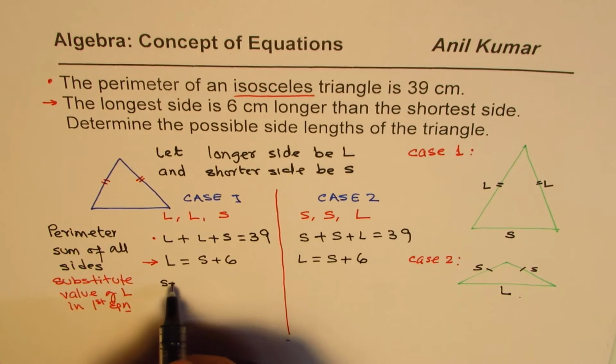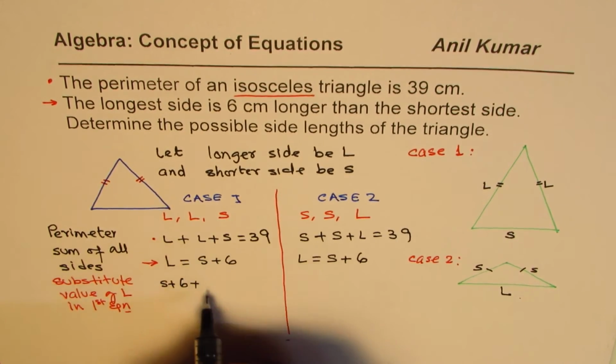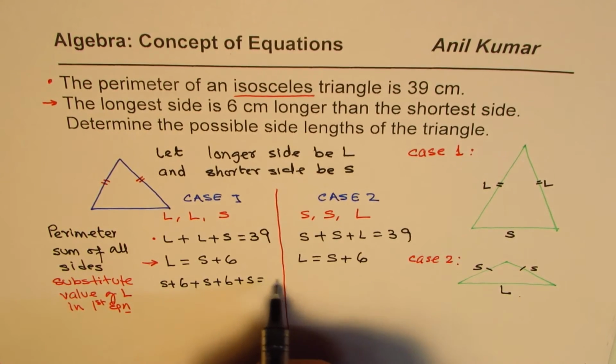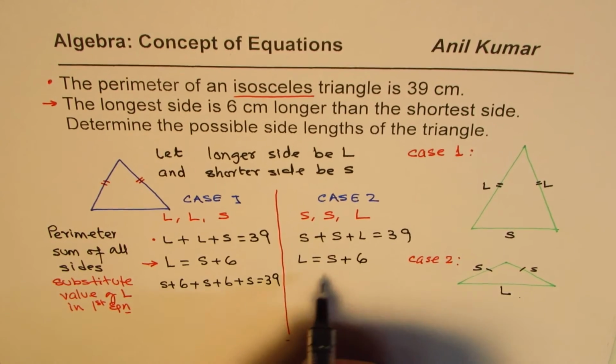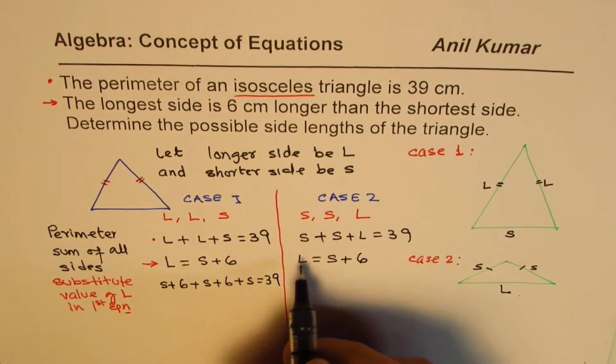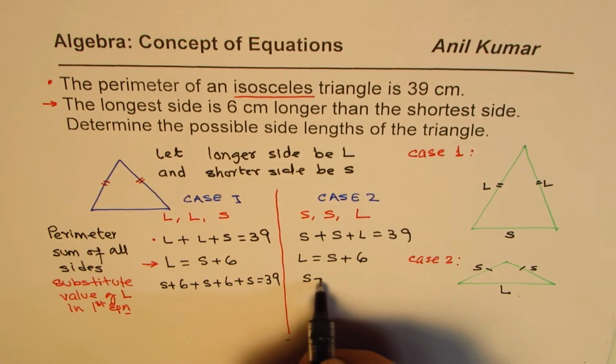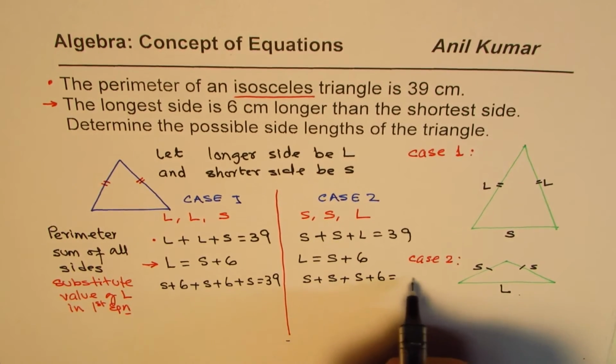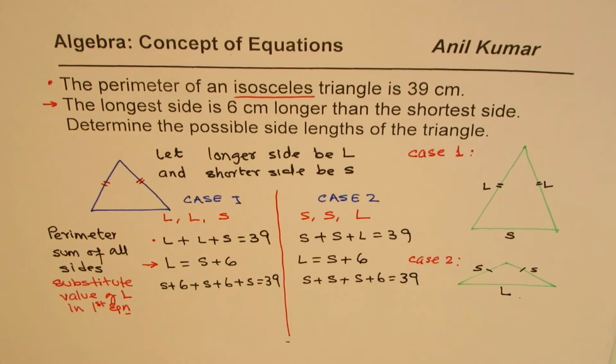So we get S plus 6, plus another L which is also S plus 6, plus S equals 39. If I do the same thing in case 2, I again get S plus L, that is S plus 6, equals 39. Right. Now we can combine and solve for the variable.